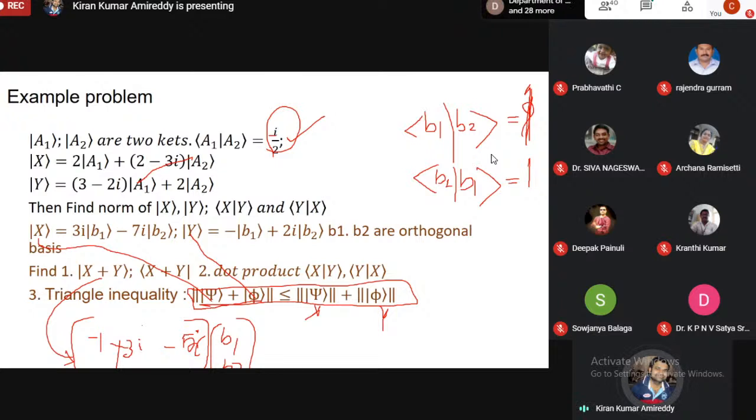So this one only B1, B2 and one simple one. If you are having this one, you can also write simply using the same way. Then you can forget about this value. Then you can take the basis and this will be useful in the calculation.